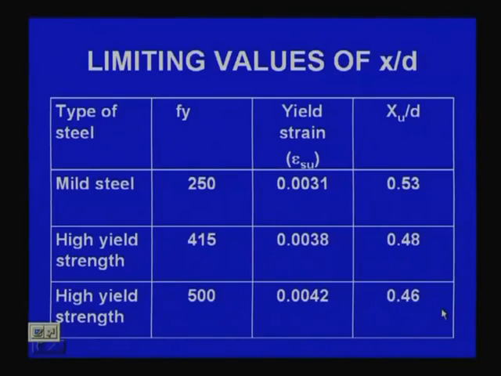We can get the limiting values of XU by D: 0.53, 0.48, 0.46. So, again please note this value, XU by D limiting value 0.46 when Fe415 is used.